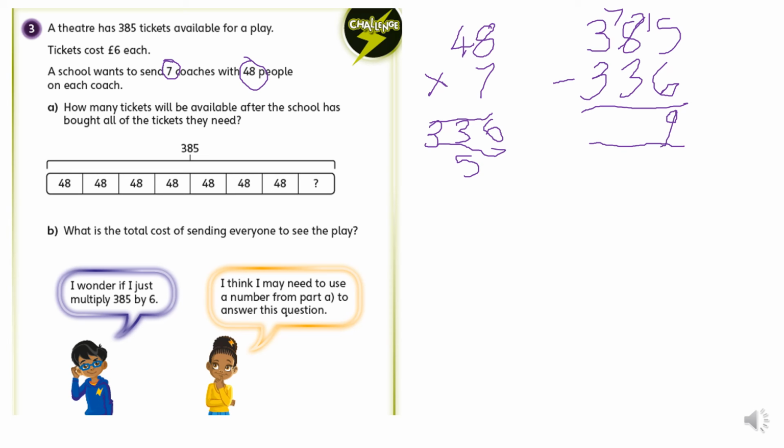Right, then I have 70 take away 30, which if you do 7 take away 3, you know is 4, so 70 take away 30 is 40. And then I have 300 take away 300 is no hundreds. So they will have 49 tickets after they've bought all the ones that they need.